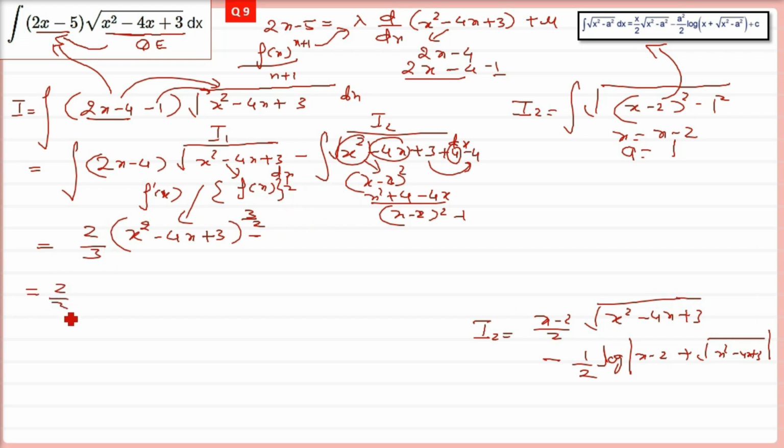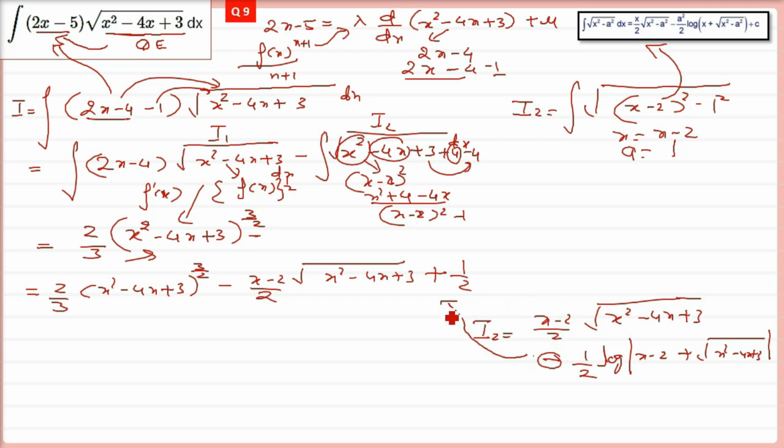So let me write everything clearly. First, I1 was 2 by 3 x square minus 4x plus 3 raised to the power 3 by 2. And what is I2? Please remember there is a negative in front of it. I1 minus I2. So negative x minus 2 by 2 under root x square minus 4x plus 3. And since we have a negative, this negative will become plus. So you have a plus 1 by 2.